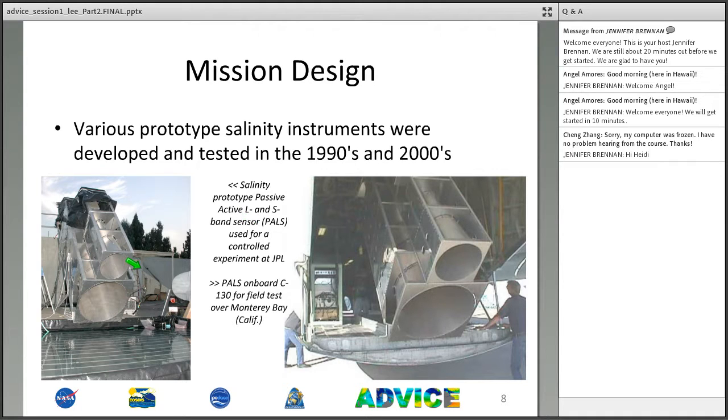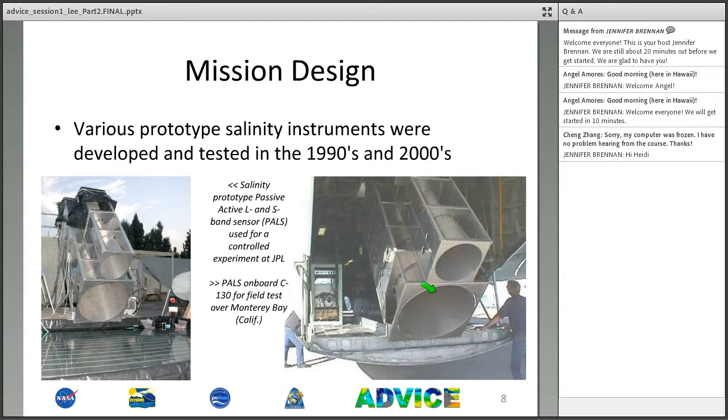So the picture on the left is showing a control experiment that is testing and calibrating the PALS sensor. The right-hand side shows a picture of the PALS sensor being loaded onto a C-130 plane for a field campaign in the Monterey Bay, California, for calibration and validation of the PALS sensor.